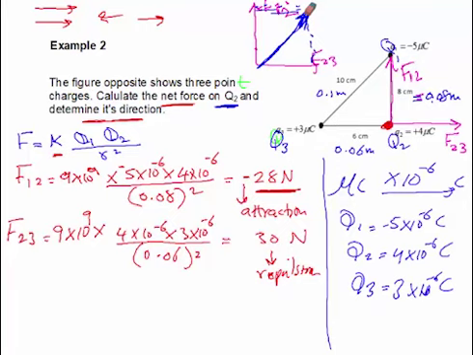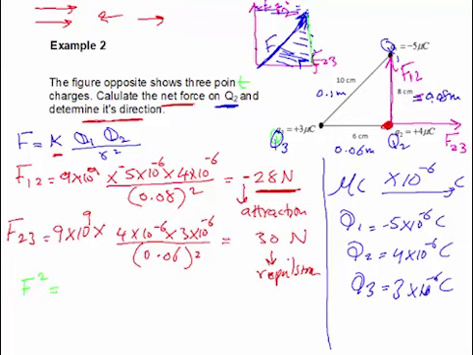So to calculate the net force F, remember that we have here a rectangle with a right angle here. So what we have to apply here is the Pythagoras theorem. Pythagoras theorem states that the square of the hypotenuse, which is F, equals the sum of the squares of the other sides.